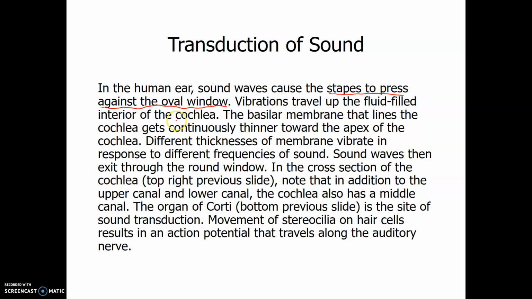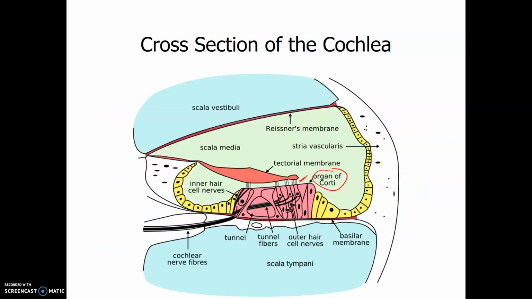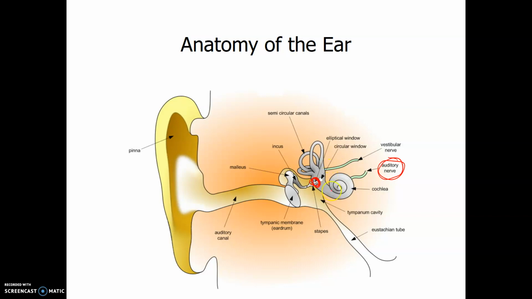The basilar membrane that lines the cochlea gets continuously thinner toward the apex of the cochlea. So let's go back. This is the basilar membrane, which travels all the way into the cochlea, and it gets thinner toward the interior.